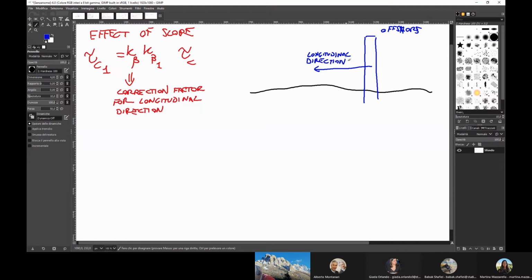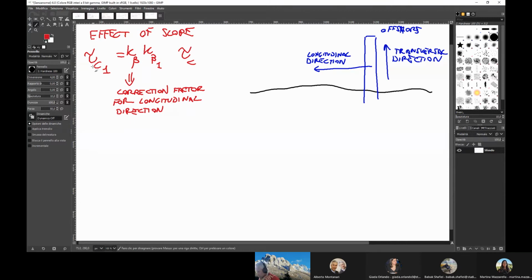It's longitudinal with respect not to the groin, but with respect to the waves approaching the groin. And this is the transversal direction. Okay, so given this scheme, K beta is the correction factor for the longitudinal direction.